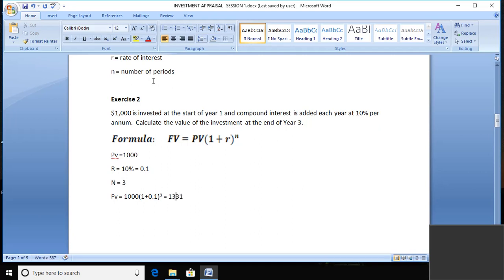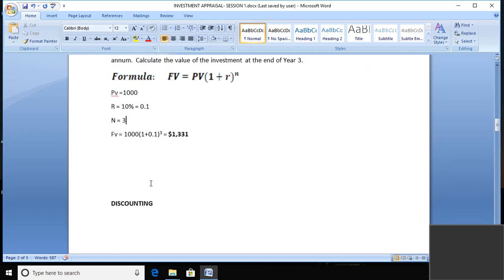So the total sum of money in this investment will be $1,331. You can pause the video and try to work this one out on your own and see whether you can manage to do that.